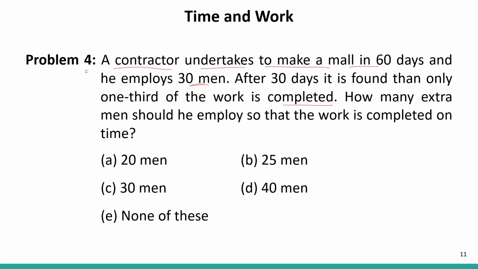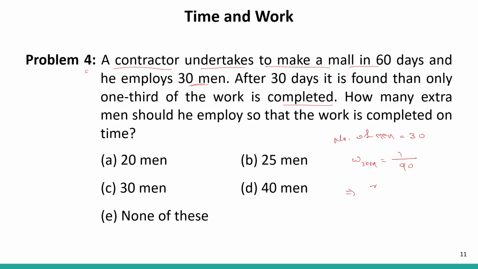It is given that the number of men is equal to 30, right? So their work rate will be, if in 30 days they completed 1/3, it would have taken them 90 days to complete it. So the combined work rate of 30 men is 1 by 90, right?